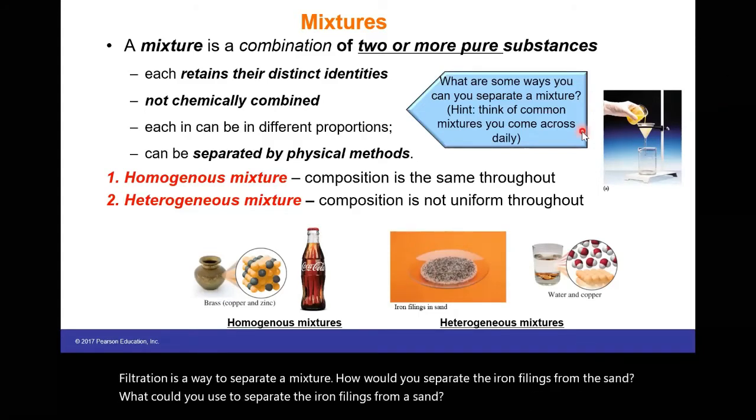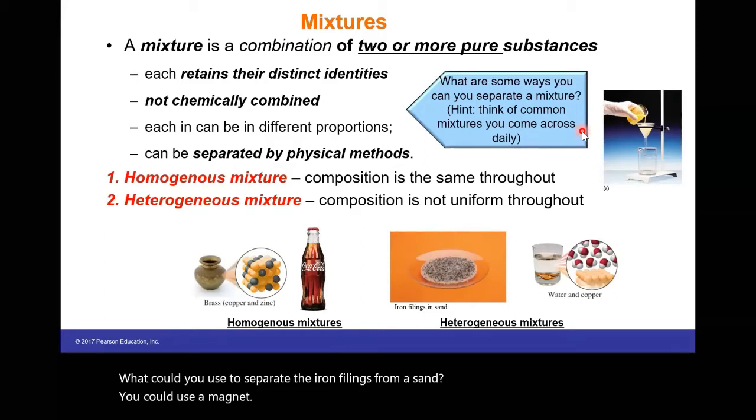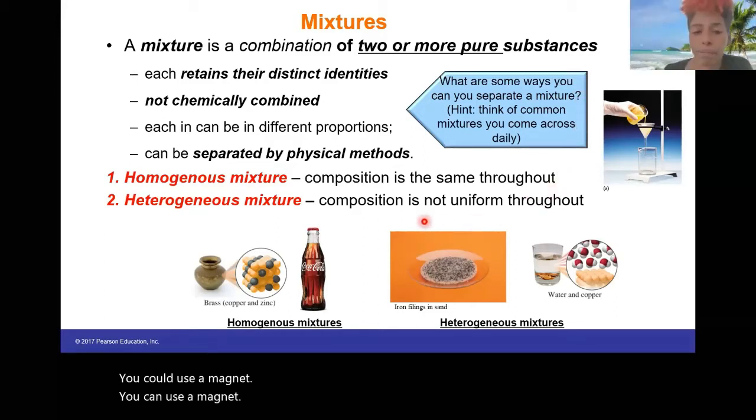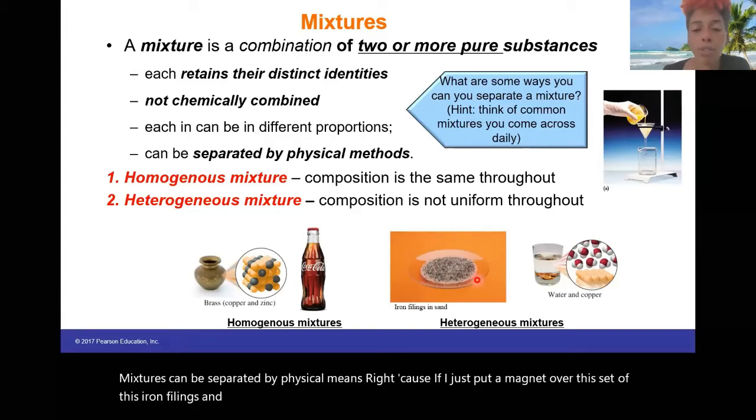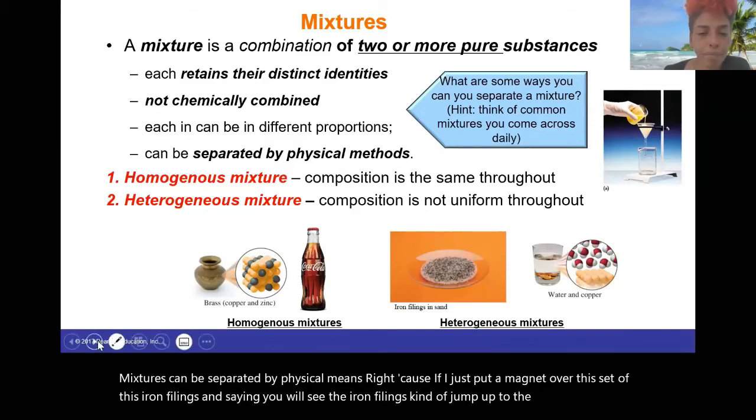Yeah, you could use a magnet, right? So mixtures can be separated by physical means, right? Because if I just put a magnet over this set of iron filings and sand, you will see the iron filings kind of jump up to the magnet.